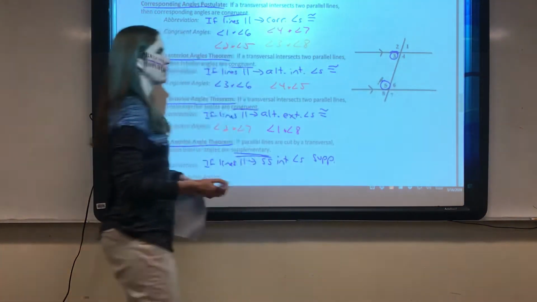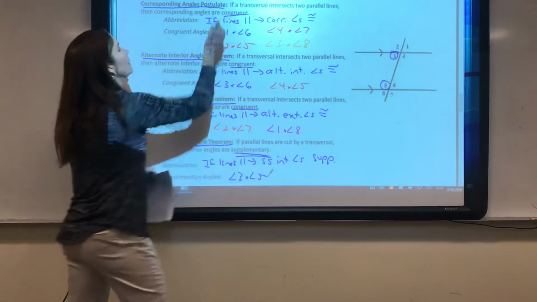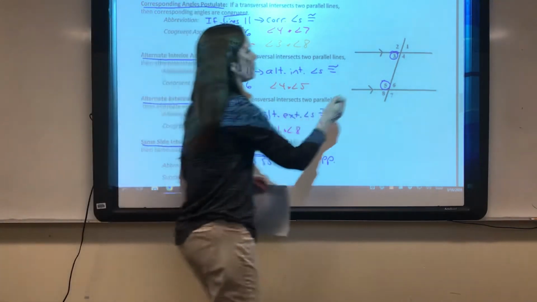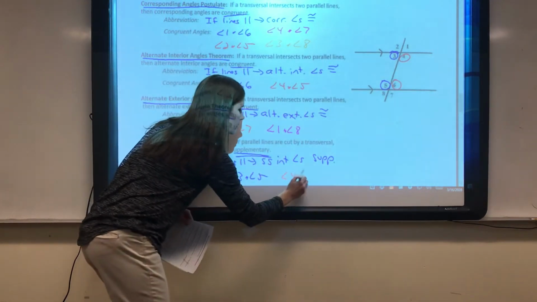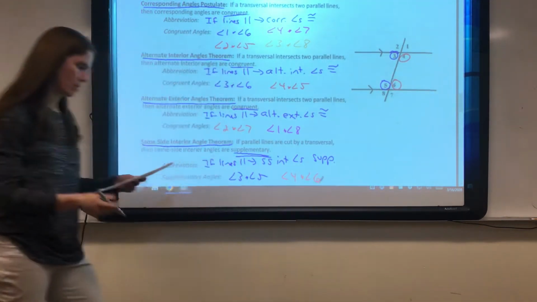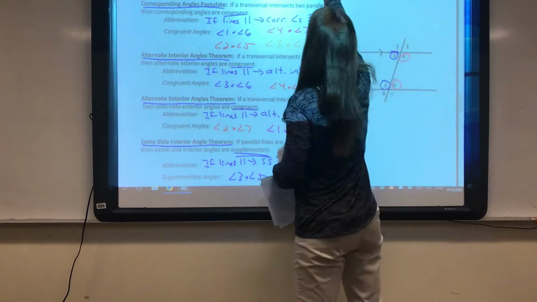We've got 3 and 5, and the other pair would be 4 and 6. All right, let's move that up and see some examples.